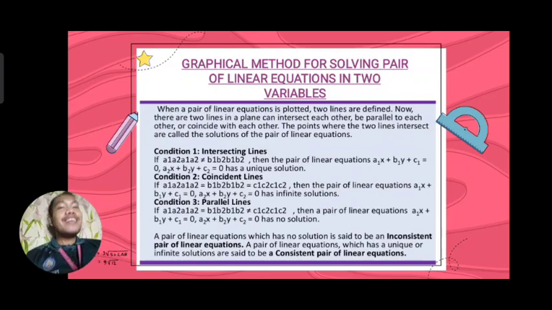Next we have condition 2, coincident lines.